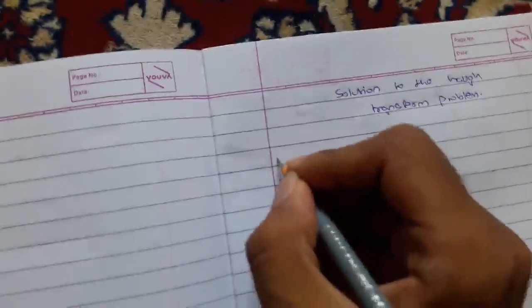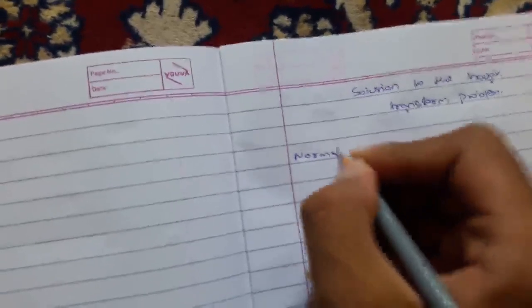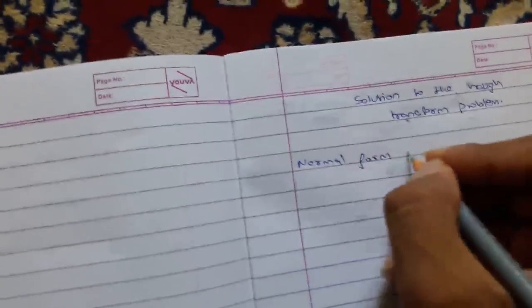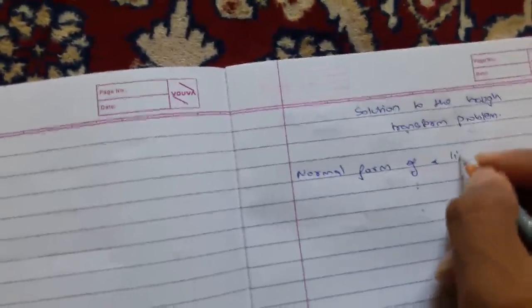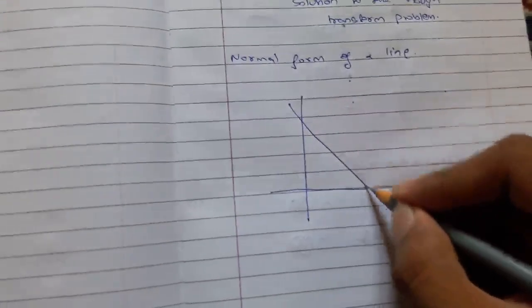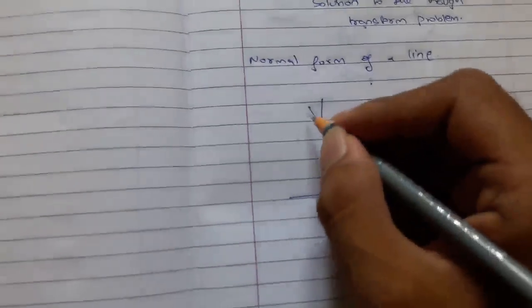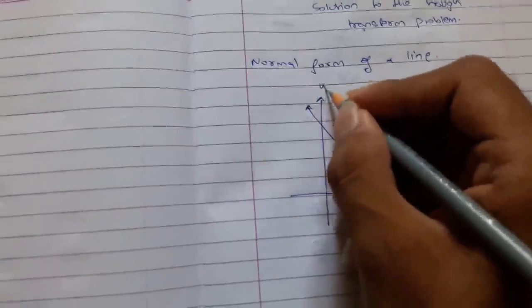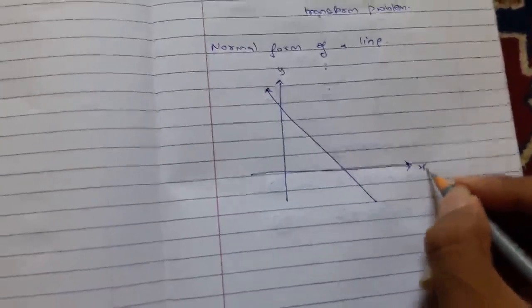So what we came up with is known as the normal form of a line. Let us see what is actually happening in this normal form. Say consider this is any line in the xy plane. This is the xy plane and this is the line.